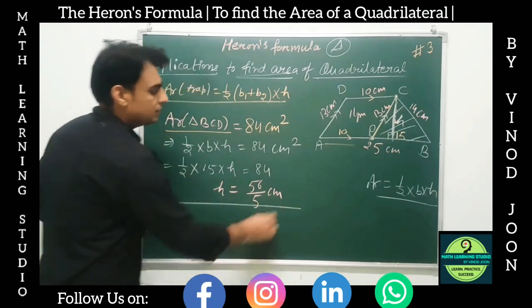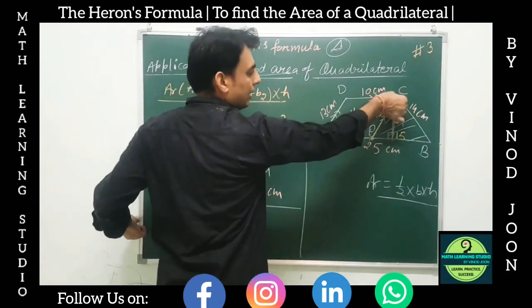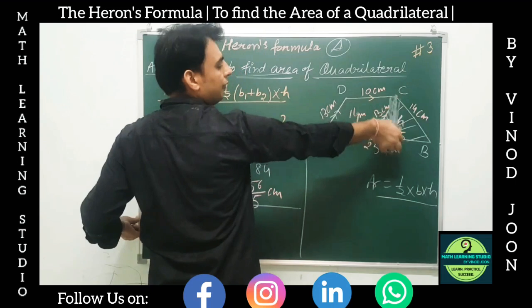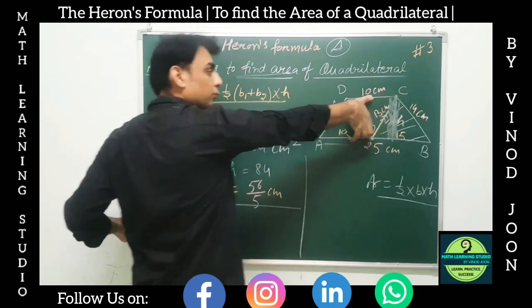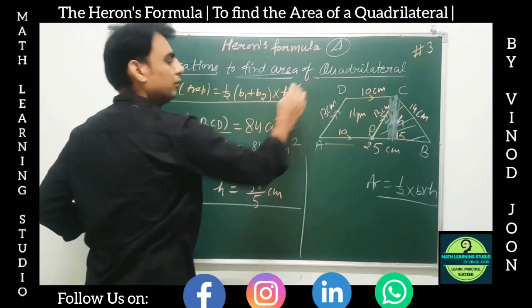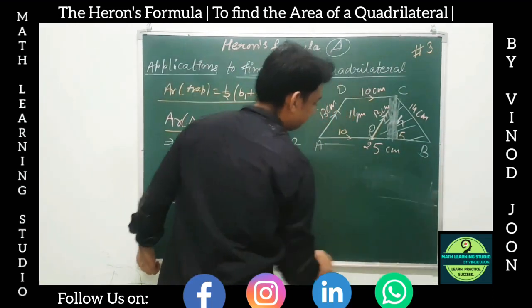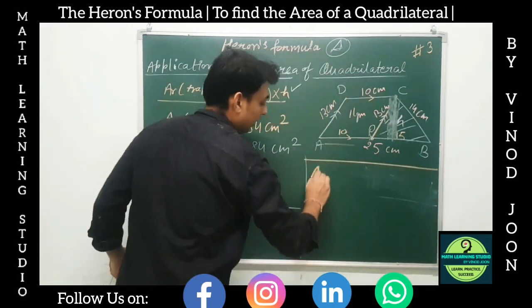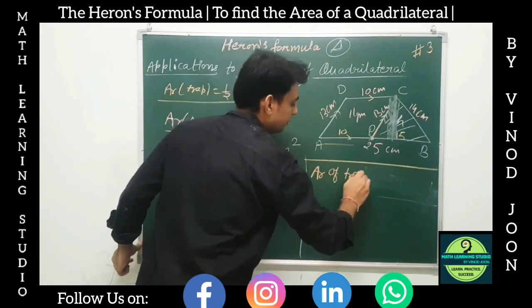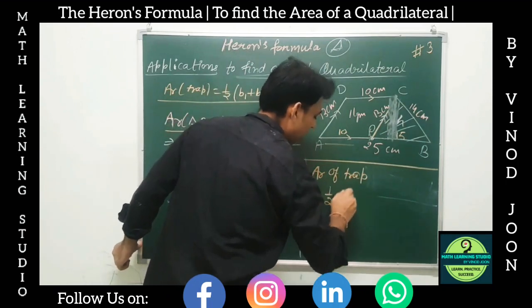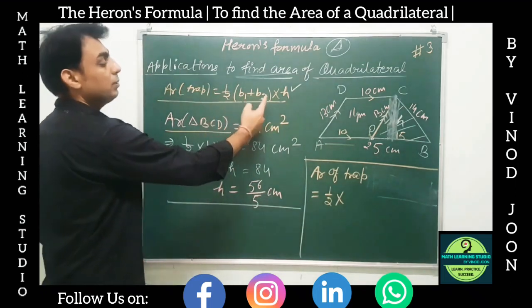Now again, just to summarize, this height is not only for the triangle, it is for the trapezium. So we got the value of this height. So finally, we can write here that area of trapezium is equal to half into base 1 plus base 2.